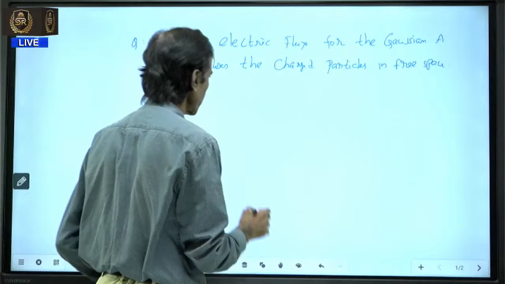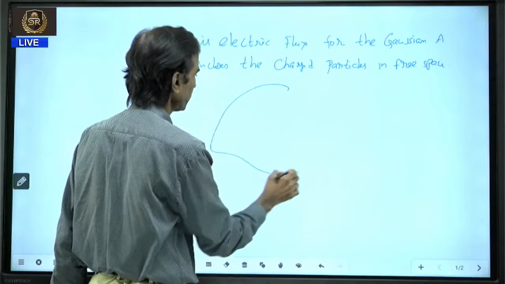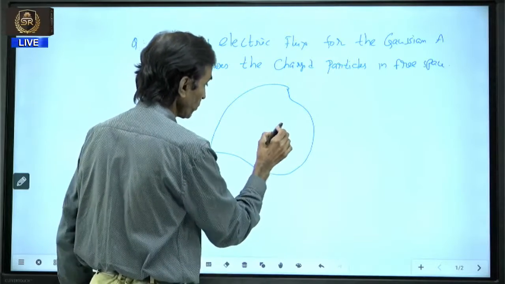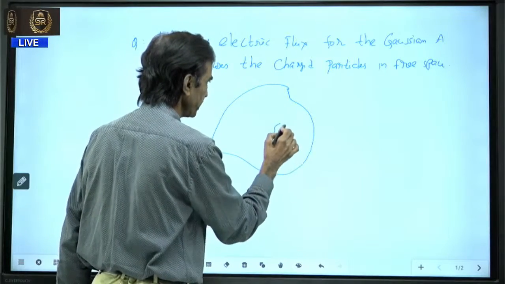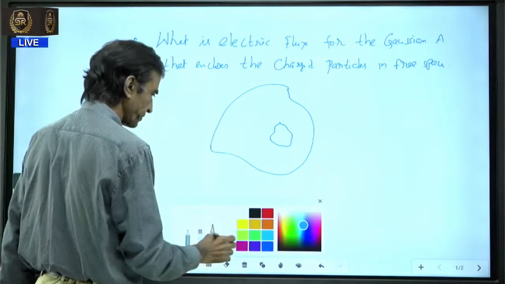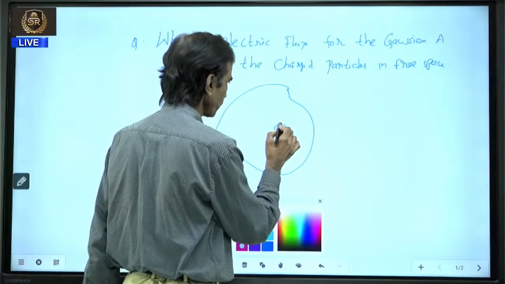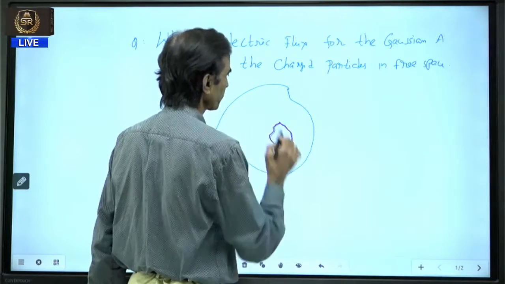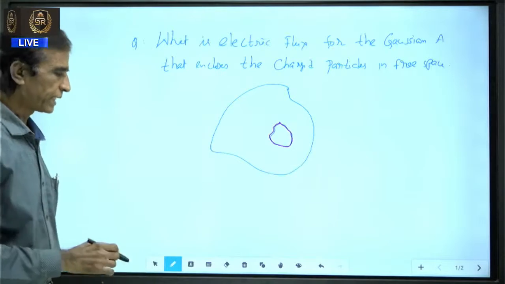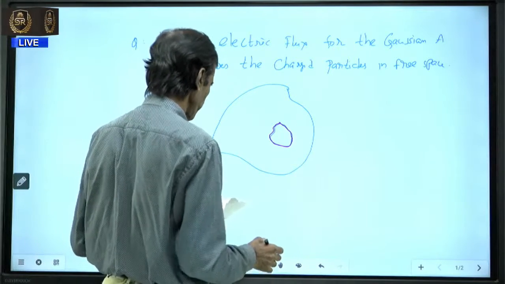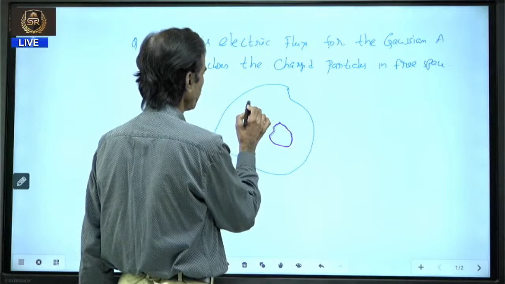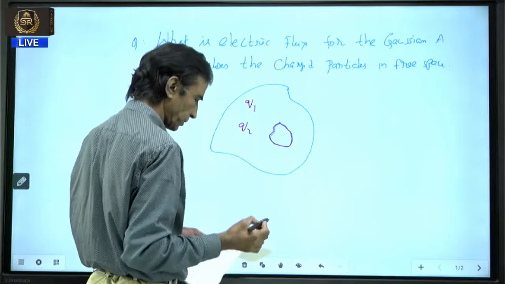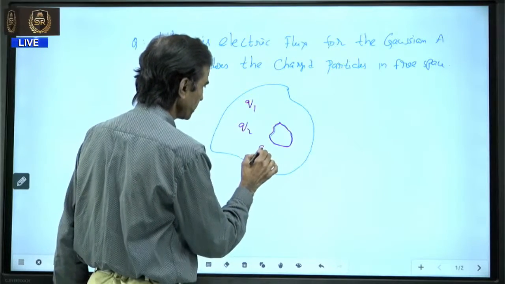He has given an arbitrary Gaussian surface, and he has taken one more Gaussian surface inside. Then what are the charges? Plus Q1, then Q2 and Q3, 3 charges.